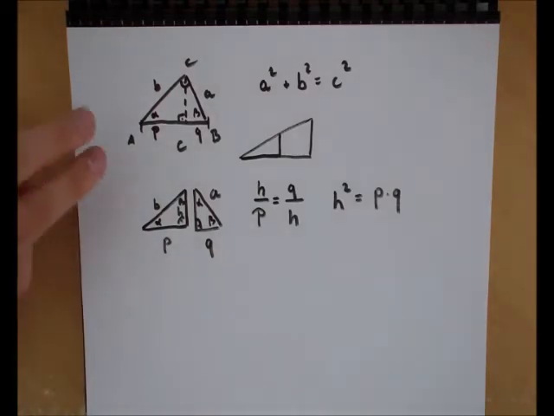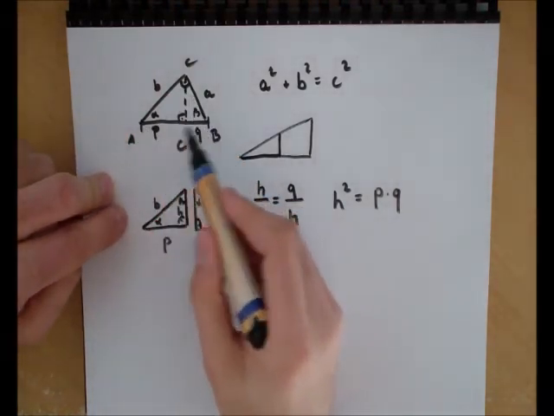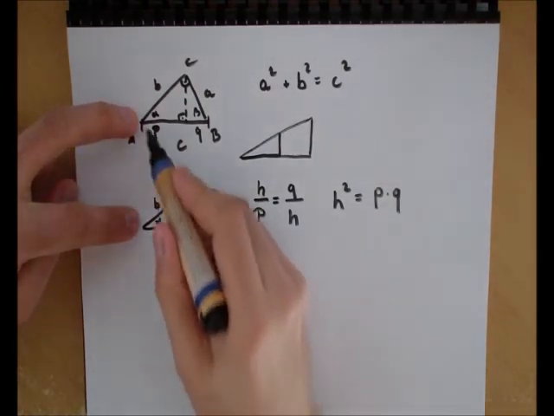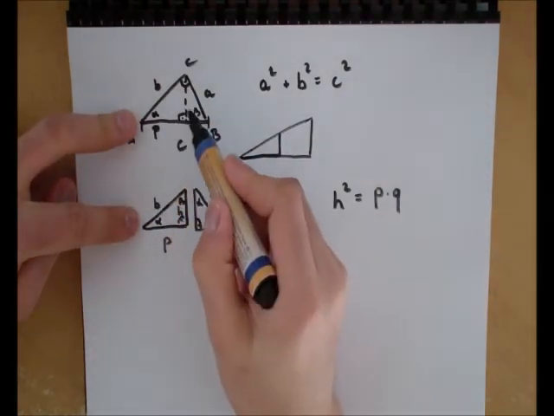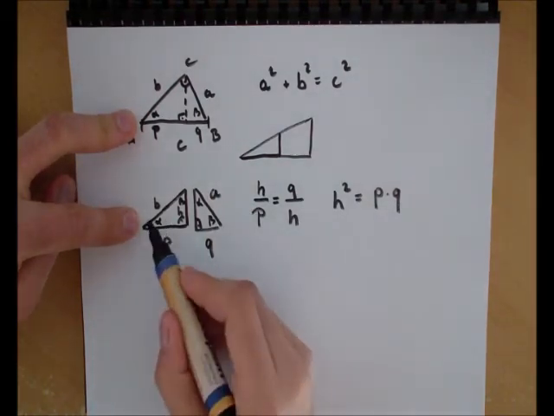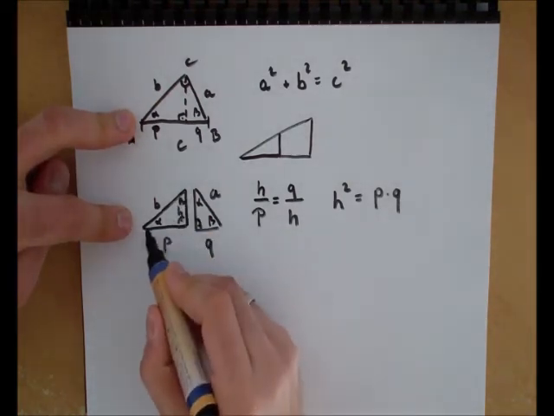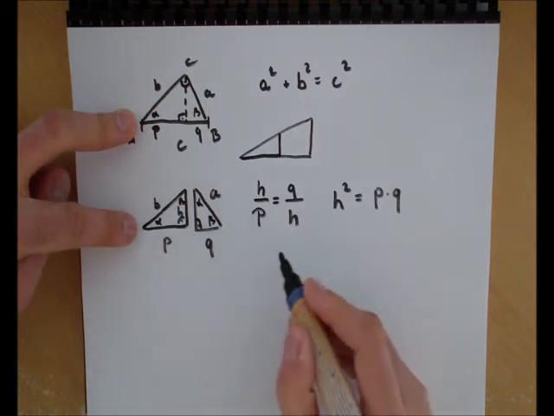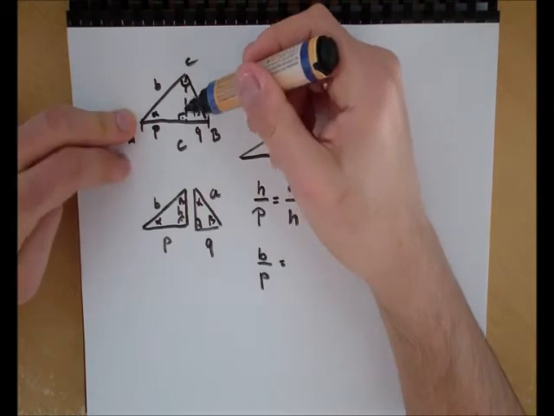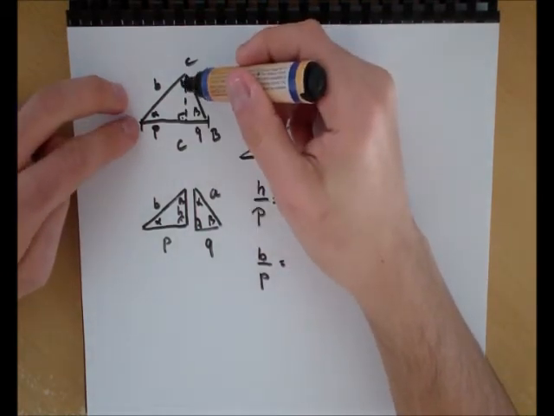The next step is we will do that with this triangle and the big one. We see that these are similar too, because alpha, beta, and 90 degrees are the same angles. So what we can do is calculate the ratio of the hypotenuse with this leg, which is B over P, and this should be the same ratio of the hypotenuse to the belonging leg.